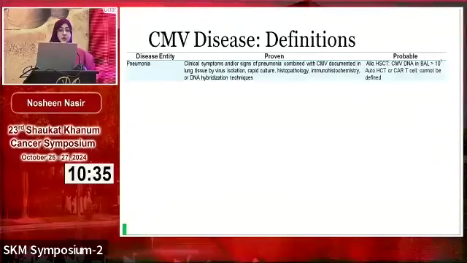The definitions right now previously did not include this BAL criteria because it's still non-specific, but the absence of CMV in BAL can exclude the possibility of disease. So if there is then viremia, viral load there, then you need to consider the possibility of CMV pneumonitis.